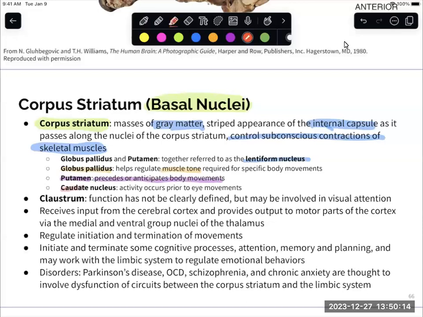And then we have this caudate nucleus, eye movements. This corpus striatum, initiation and termination of movements. So the first thing you need to do to be able to take a step or to stop walking.